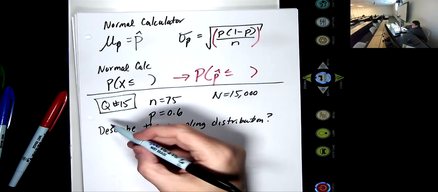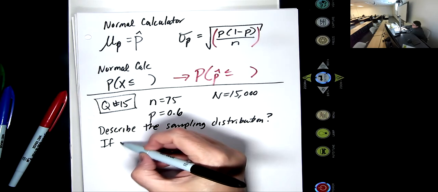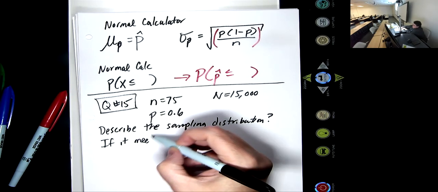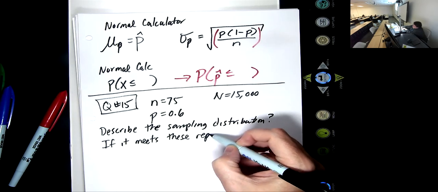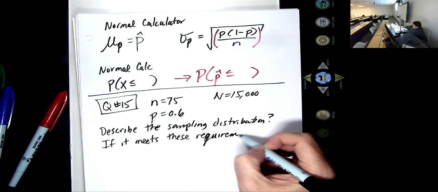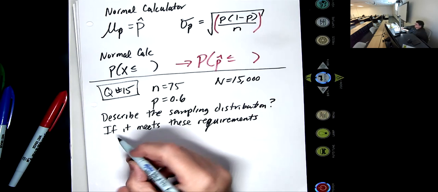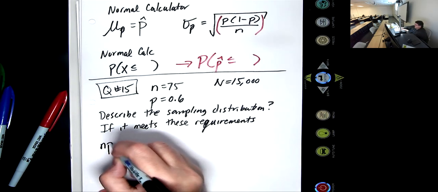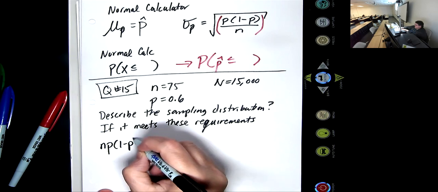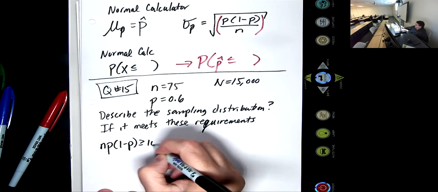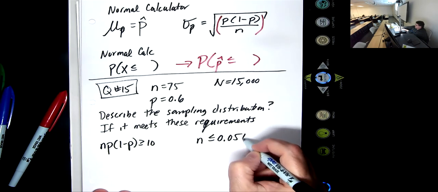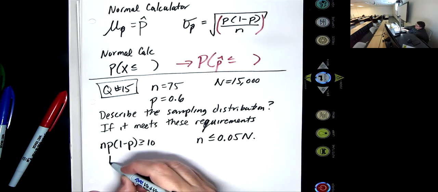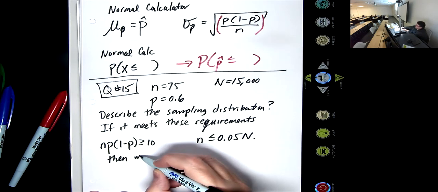Well, if it meets these requirements, n times p times 1 minus p is greater than or equal to 10, and n is less than or equal to 0.05 big N, then we can use the normal calculator.